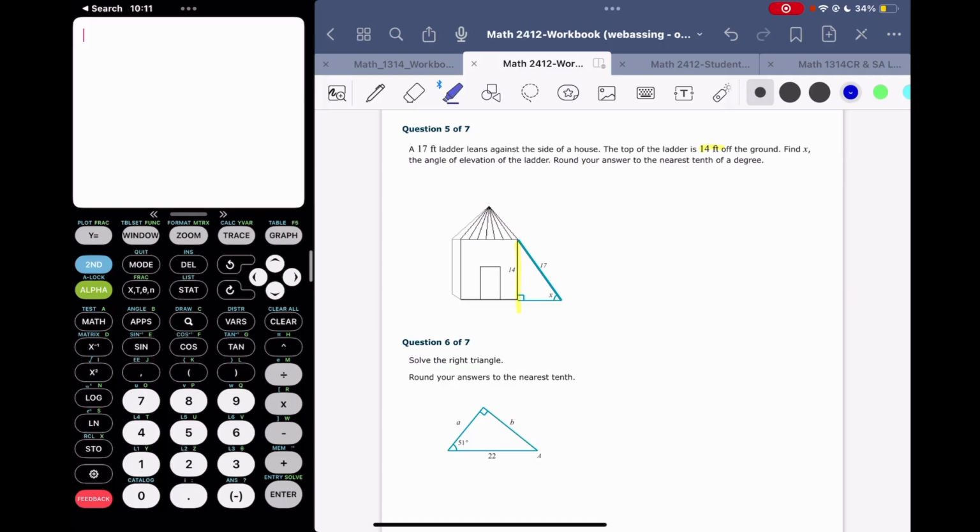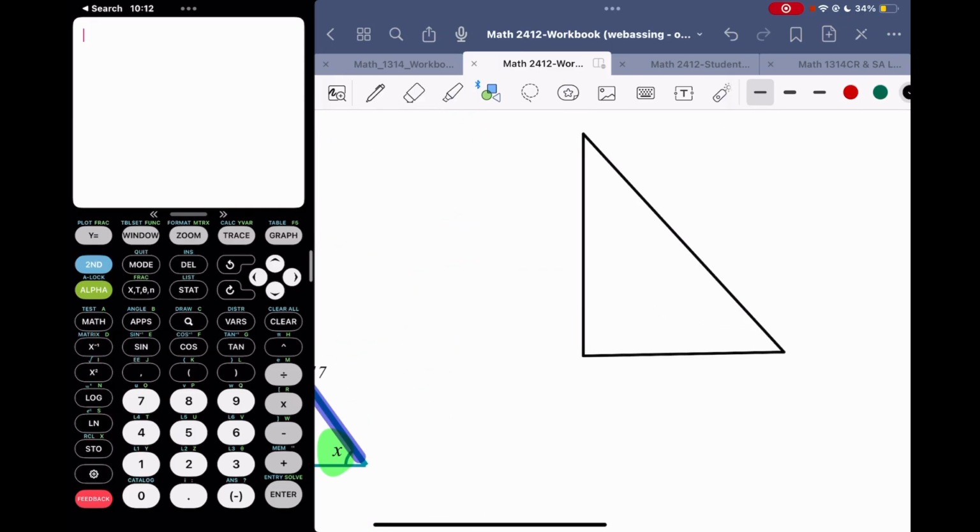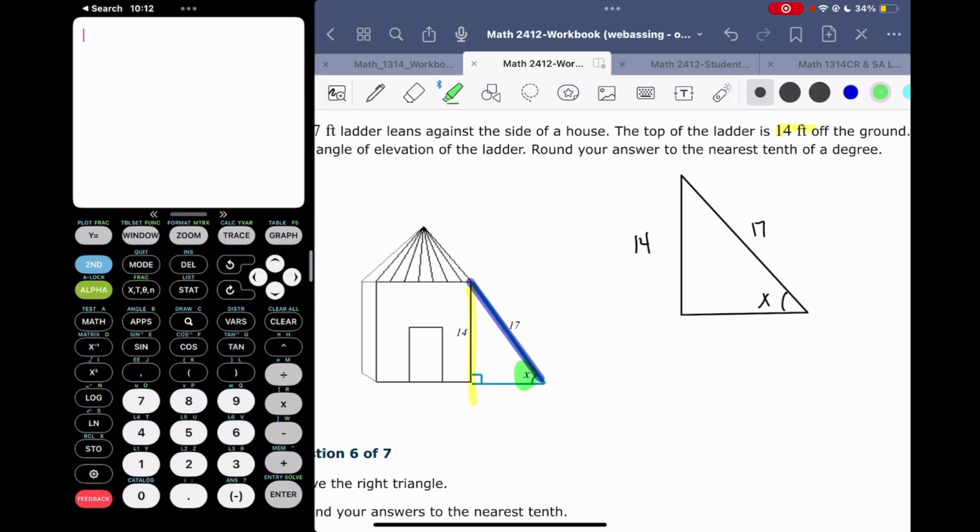So that means that the hypotenuse is 17 and my angle is x. So if we take this triangle and we move it away from this picture, we're going to say we have this right triangle where I have 14, 17, and x, right?